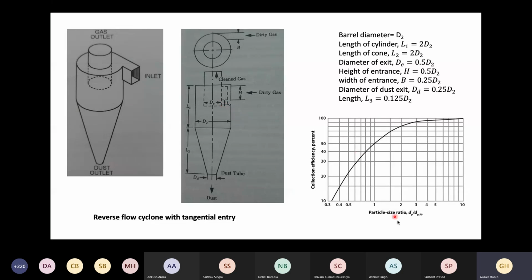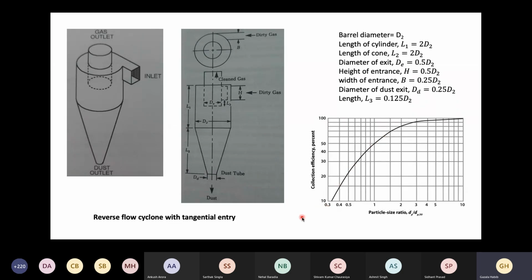Once you know the particle size ratio, which is the given particle size divided by the particle size for which this particular device can give 50% collection efficiency, then you can calculate the collection efficiency for a given size particle dp using this characteristic curve of the cyclone.